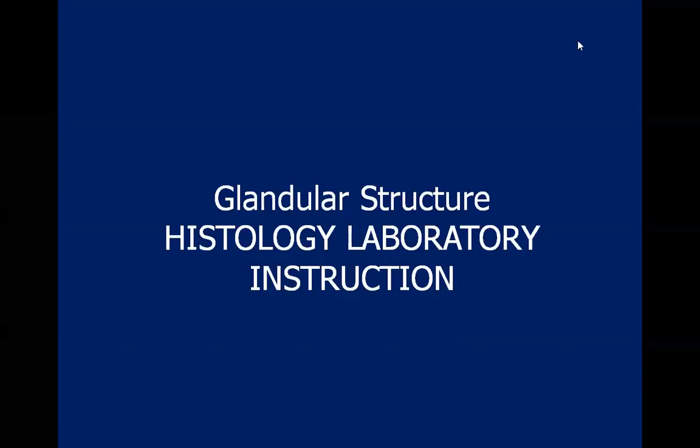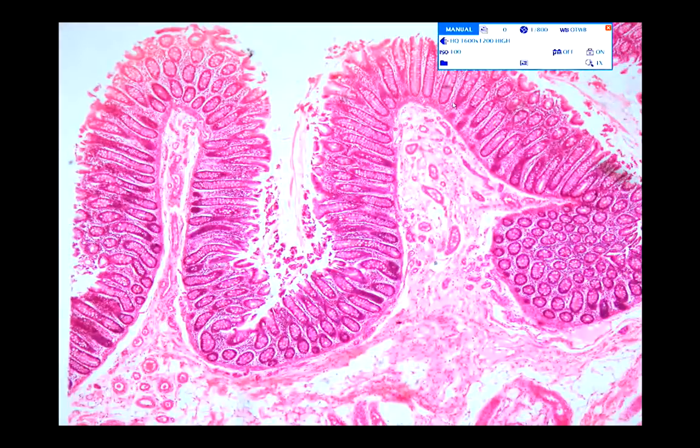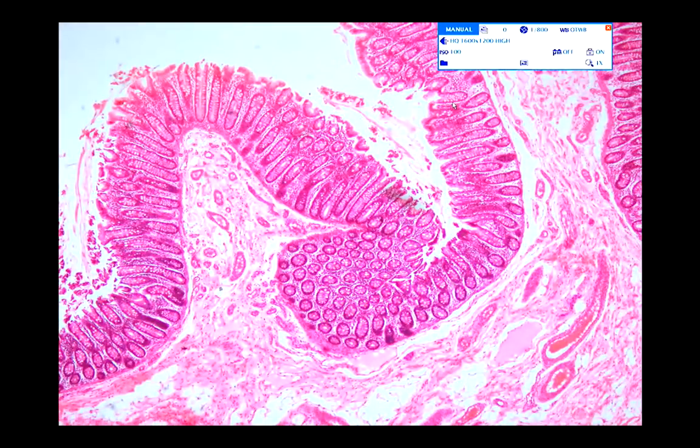So let's start with the slide on the colon. For the colon, we would see the lining epithelium, which would be simple columnar.